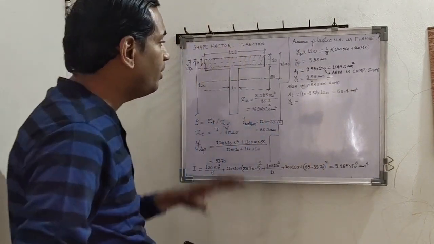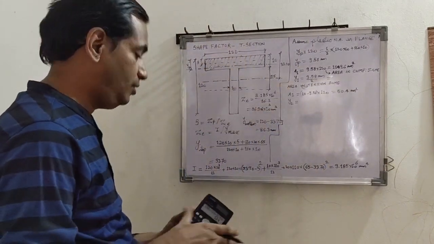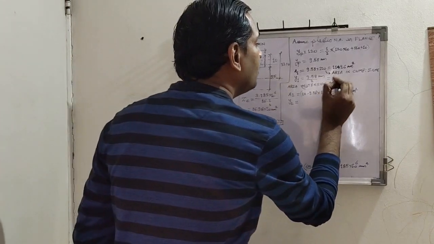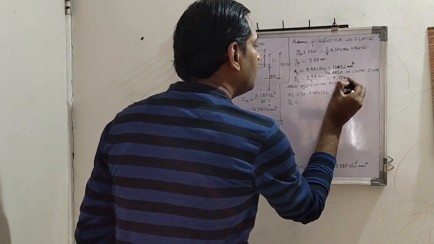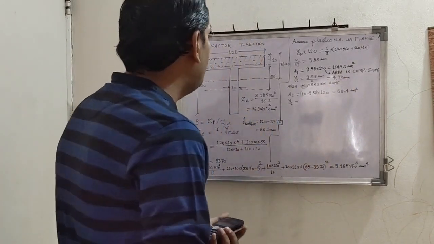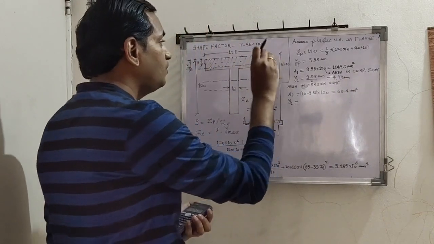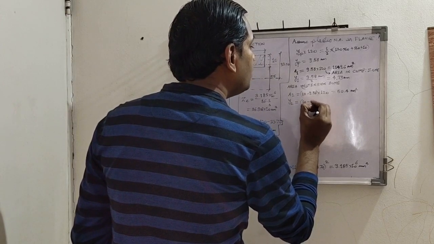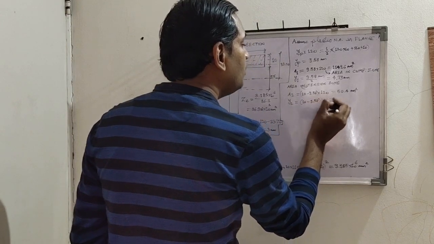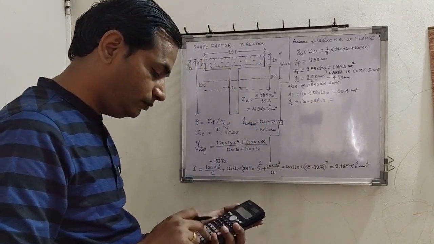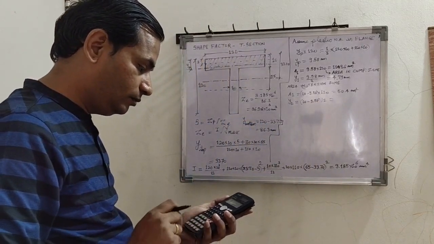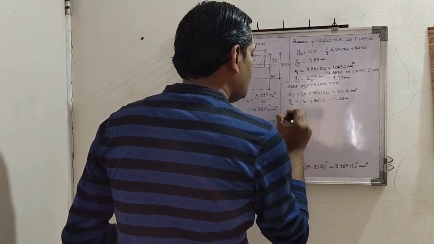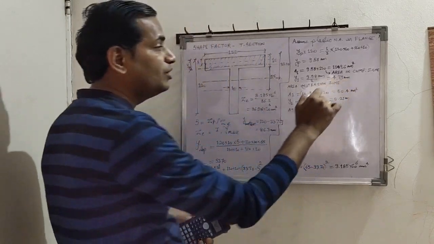Y1 is the centroidal distance of A1 from the plastic neutral axis, so 9.58 upon 2 is 4.79. And Y2 is the centroidal distance of the small strip from the plastic neutral axis, so 10 minus 9.58 upon 2. How much is this? 0.21 mm.